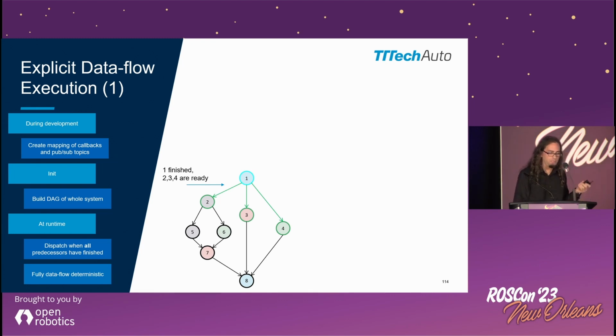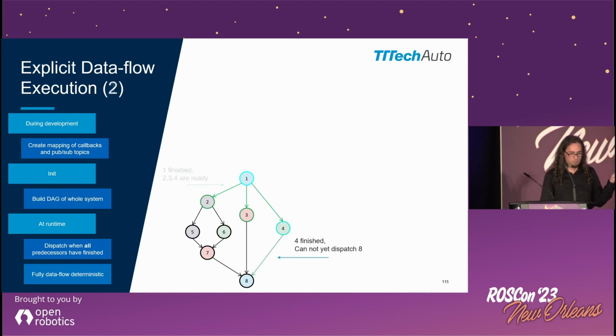If we take this example here, this first callback finished, we see that callbacks 2, 3, and 4 depend on callback 1 and only 1, and therefore we can allow them to execute. However, if we go on and we have callback 4 finish, we cannot yet dispatch the callback 8. Why?